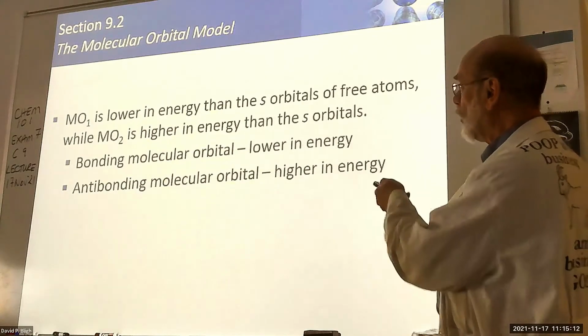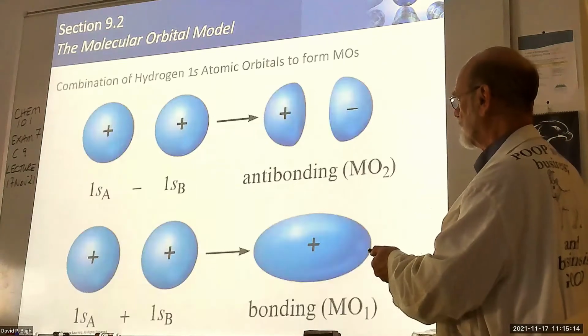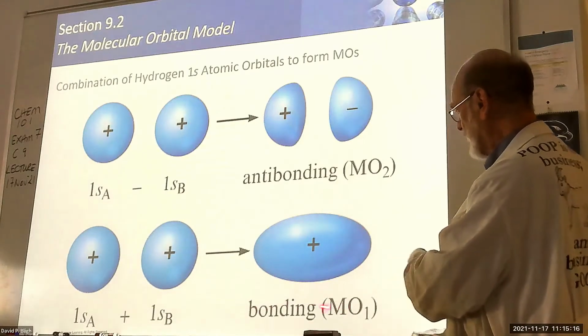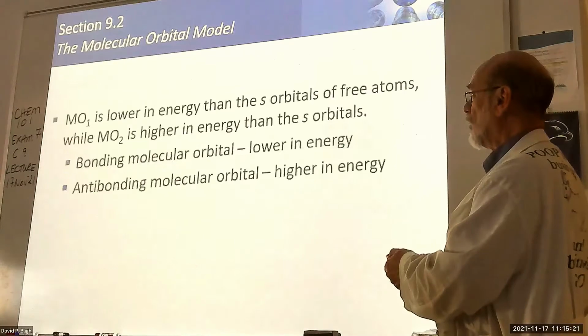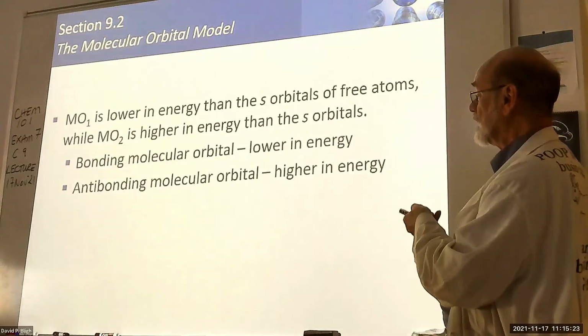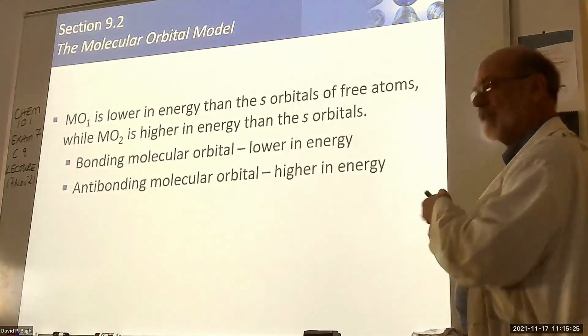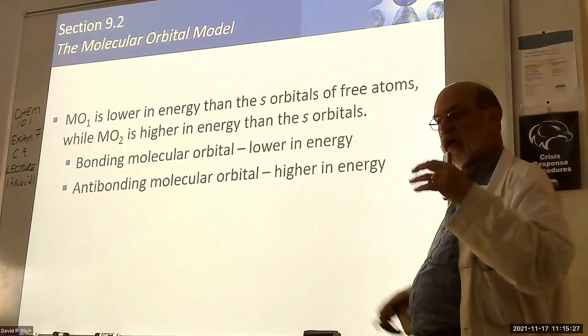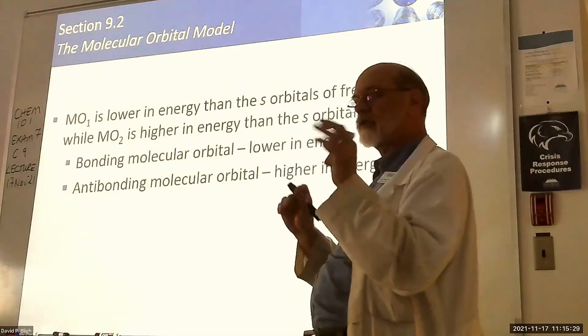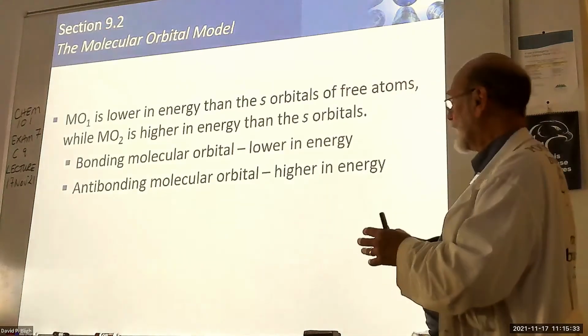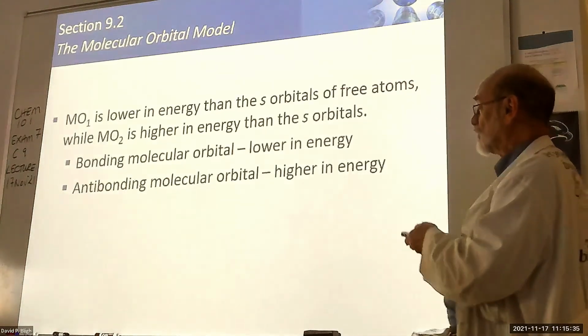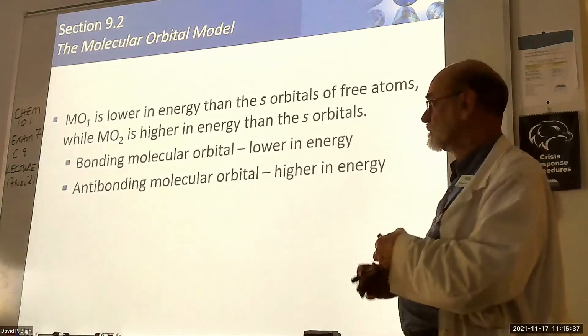The MO1, let me back up. MO1 is the bonding orbital. MO2 is the anti-bonding. So the MO1 is lower in energy than the atomic orbitals that constructively interfered to produce it. And the anti-bonding orbital, the MO2, is at higher energy.